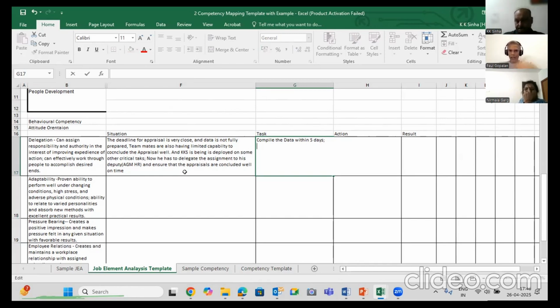So then the action would be to coordinate with the functional heads. Something more: that data compiled, then present to BU heads.